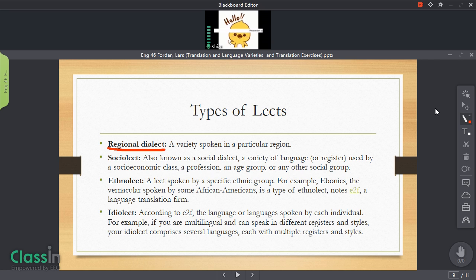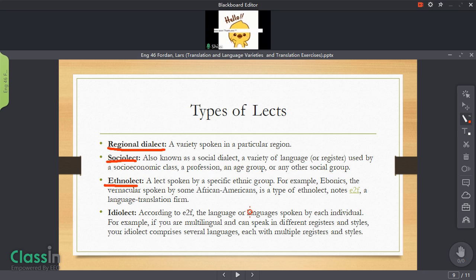That is our regional dialect here in Mindanao. Next, we have social dialect, a variety of language or register used by a social economic class, a professional, an age group, or any other special group, like gay dialect.